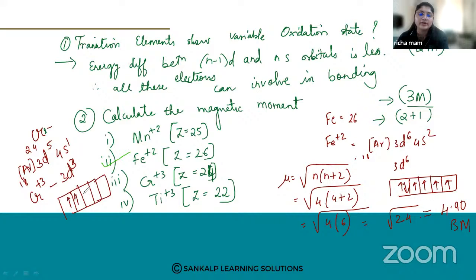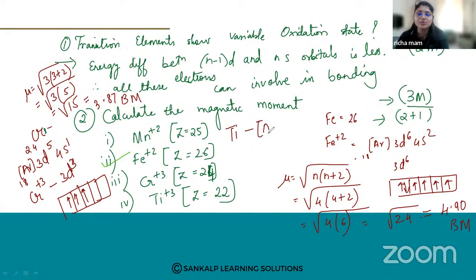So mu is equal to the square root of 3 into 3 plus 2, 3 into 5, square root of 15. How much are you getting? You should get 3.87 Bohr magneton. Are you getting the same? Yes. Please answer.